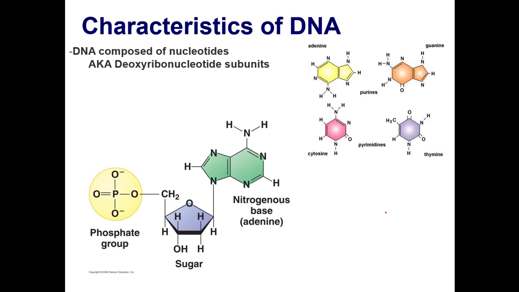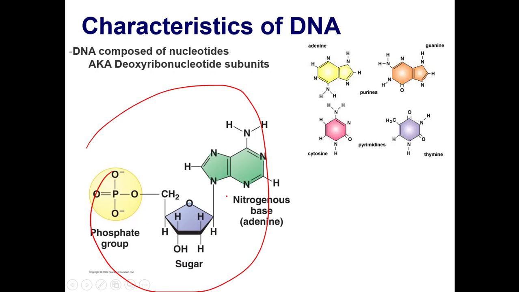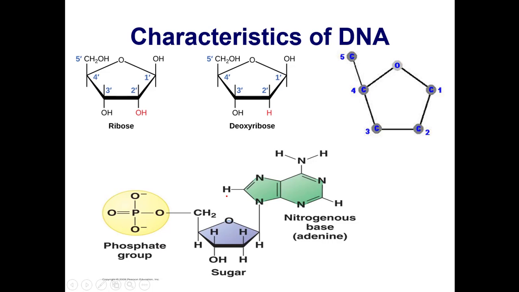Now, let's talk about how these components, phosphate, sugar, and the base, come together. What is really important is when you look at ribose and deoxyribose, they both have 5 carbons.